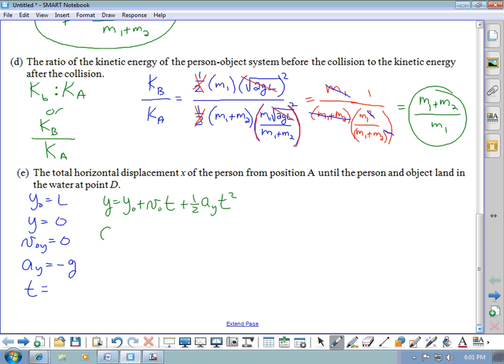So I have 0 equals L plus 0 plus 1/2 times negative g times t squared. And this gives me a time that's equal to the square root of 2L over g. Again, everything is inside that square root. So to solve this problem, we're finding the time that it takes for him to reach the water from the vertical motion, and then we're using the horizontal motion.